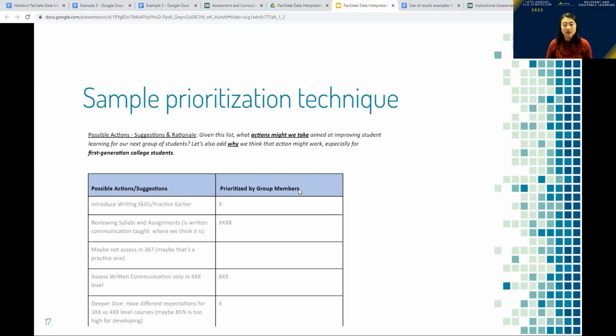You can make a column just for adjunct faculty, if there are quite a number of them, and then another column for other faculty members. And then you can see how the minority group among the faculty members agree or disagree with the majority group. And then you can pick one item that's important for your minority group and one item for the majority group, for the whole department to work on. It's another way to promote inclusiveness in the department.